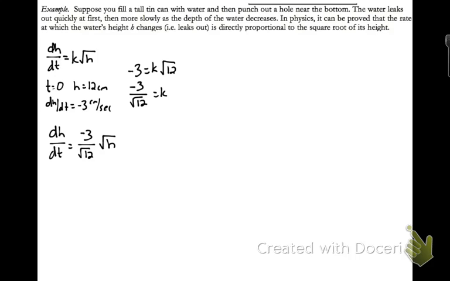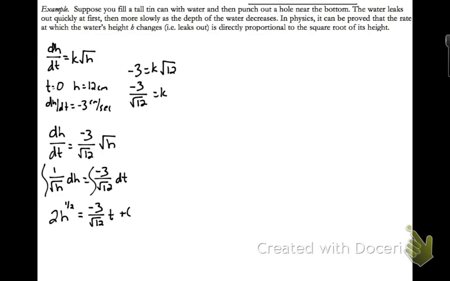So I know that 1 over the square root of h dh should equal -3 divided by the square root of 12 dt. And when we integrate both sides, we're going to end up with 2h to the 1/2 equals -3 over the square root of 12 times t plus c.